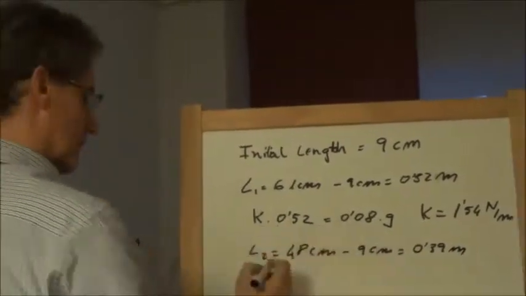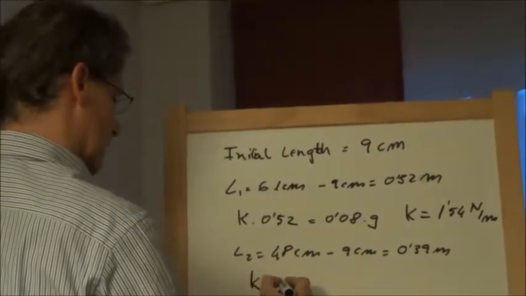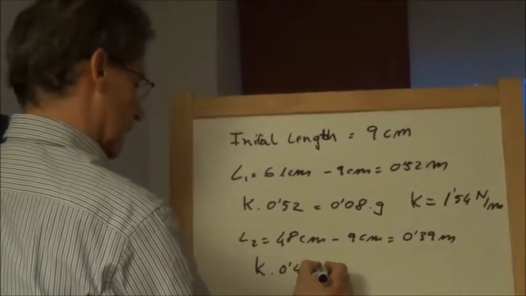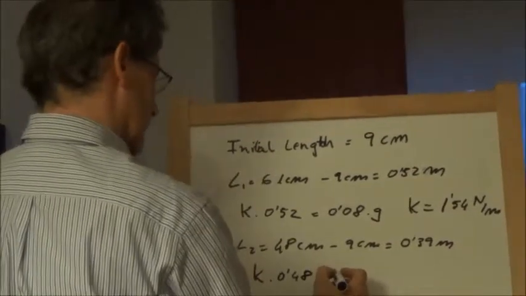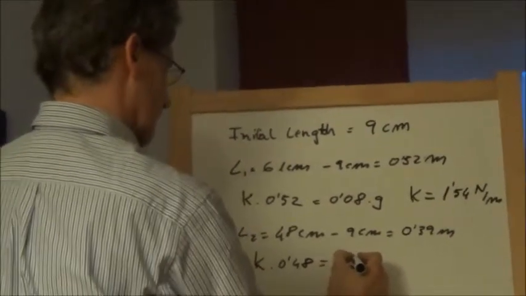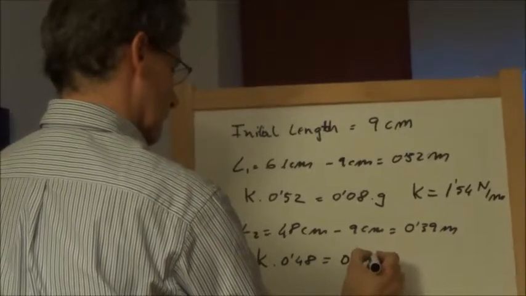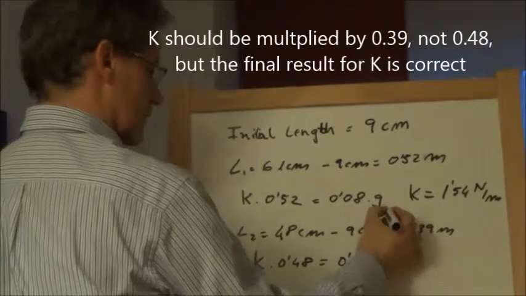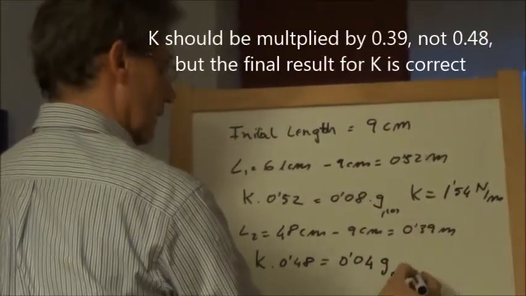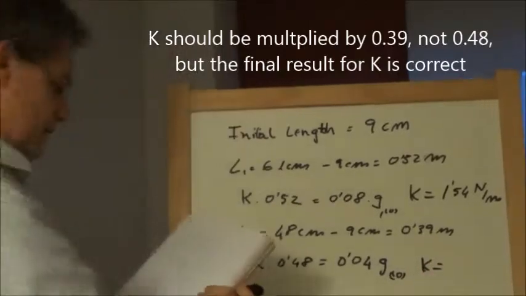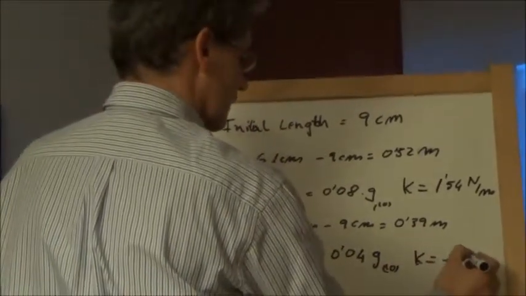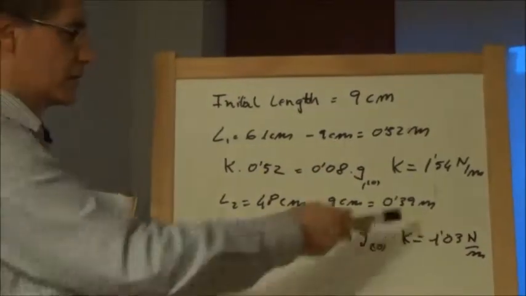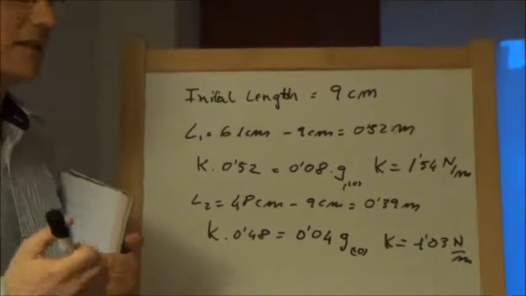And let's do the same calculation, which is k times 0.39 is equal to 0.04 kilograms times g, where I'm using a value of 10. So k in this case is 1.03 newtons per meter. So you can see that the spring constant is not so constant.